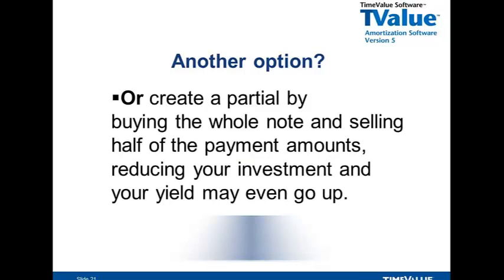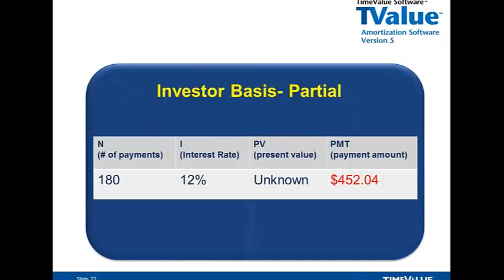create a partial by buying the whole note and selling half of the payment amounts, reducing your investment, and your yield may even go up. I'm not going to run through this calculation because I want to show a different one on the partial, but we're kind of using the same note. So I'll just show you what this looks like. If I'm selling half the payment amount, as I mentioned, it doesn't matter if it's a partial or a whole note.